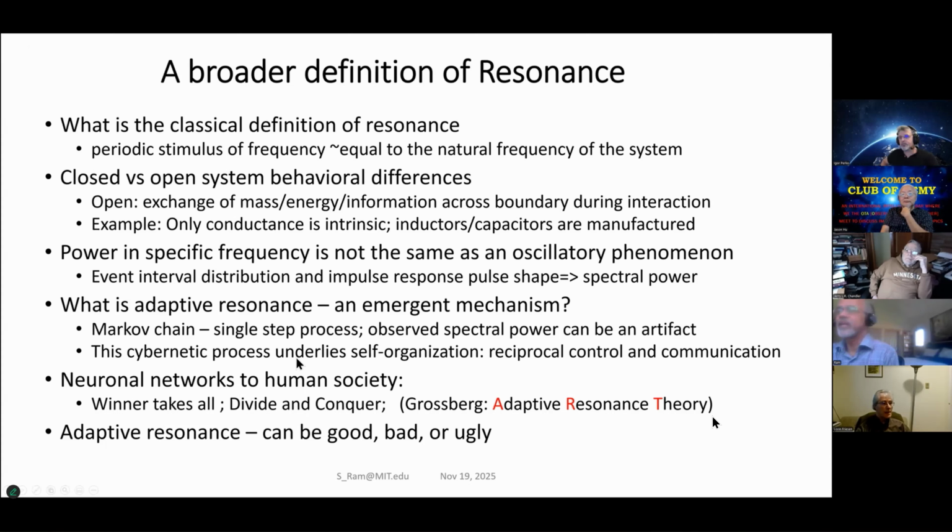So what I'm saying is that self-organization, which is what we have been talking about, is a cybernetic process, which is reciprocal control and communication. And when there is a mechanism in the system to create this reciprocal control and communication, it becomes capable of self-organization, and the self-organization is the adaptive resonance.